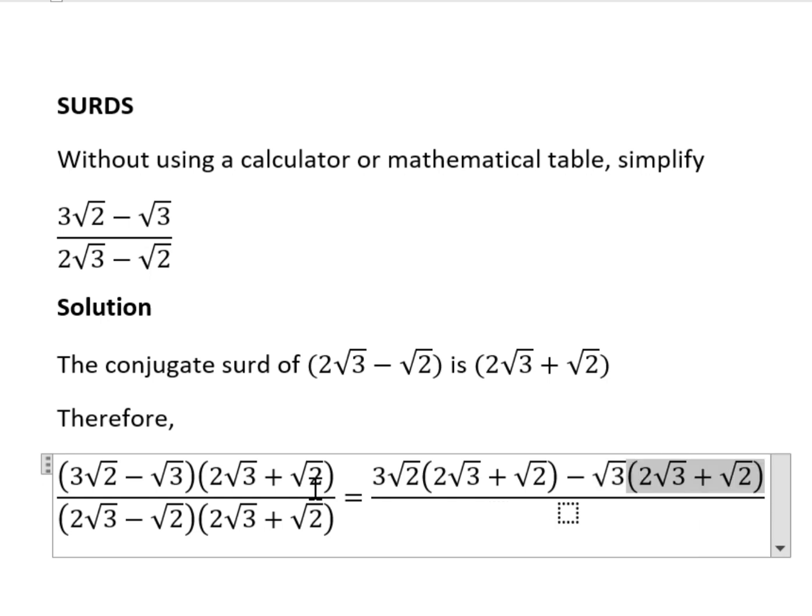That's the conjugate surd. We do the same on the denominator. We split the first bracket, so we have the first term, 2 root 3, times the whole of the second bracket, which is the conjugate surd, then minus root 2 times the conjugate surd again.